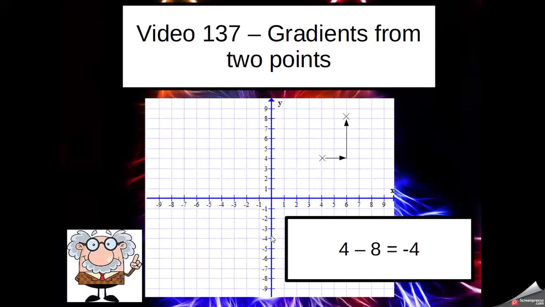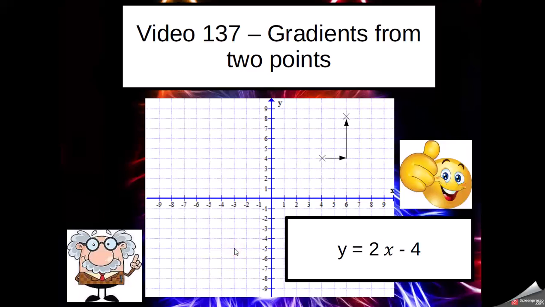So we know the line would cross the y-axis at -4, and then we can change our equation of y equals 2x plus c to y equals 2x minus 4. So if we joined up those 2 points and extended them on, it would give us a line with the equation y equals 2x minus 4.